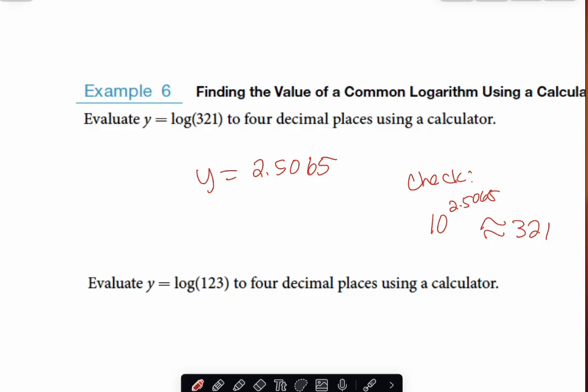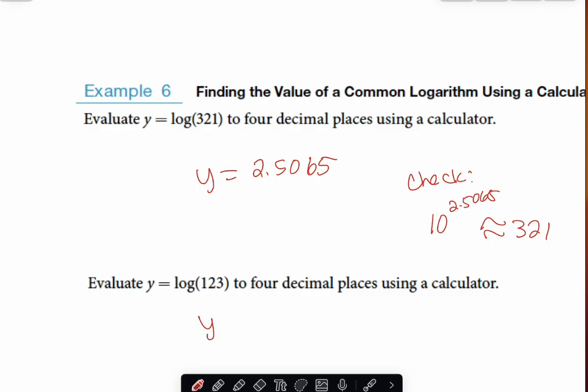Log of 123. Same thing, you would hit log 123. You can't hit the ln button. That's a natural log. That's not a base 10 log. And if you hit the log of 123, we should expect that it's something just a little more than 2 because 10 squared is 100.